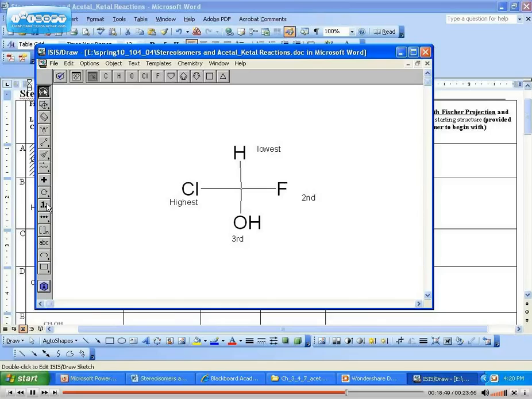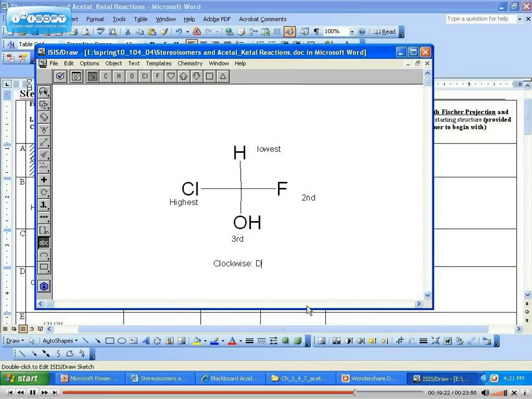In which case we would go from chlorine to fluorine to oxygen. Chlorine to fluorine to oxygen. So initially we would classify this, if it's clockwise, as a D. Now, we then need to double check, is the lowest priority going to form a wedge or a dash?